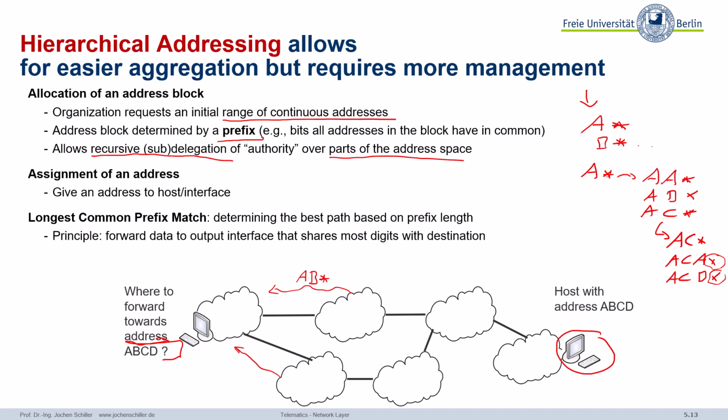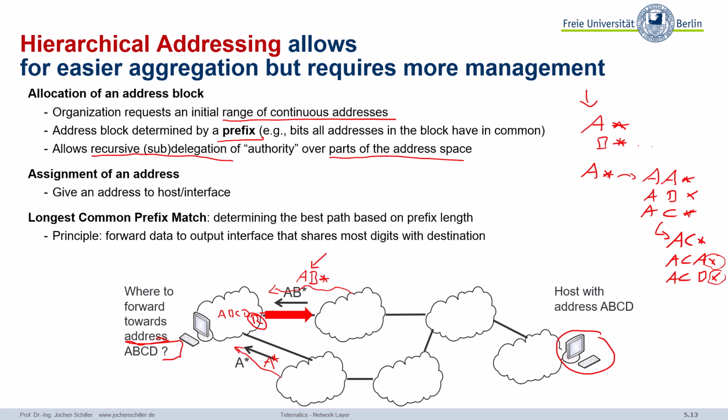And the lower one says, yeah, I know where all the A stars go. And what you do now, after these announcements, if you have to send a packet, and inside the packet it says it goes to ABCD, the router will then check, okay, in which direction did I receive the longest prefix? And that's the upper one. Why? Because there I received the AB and then star.